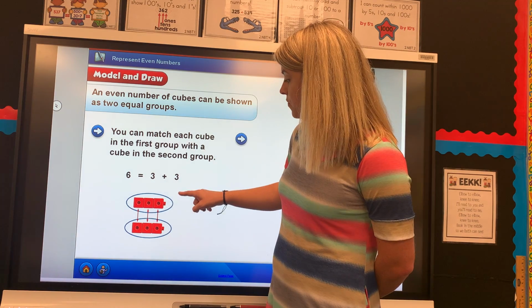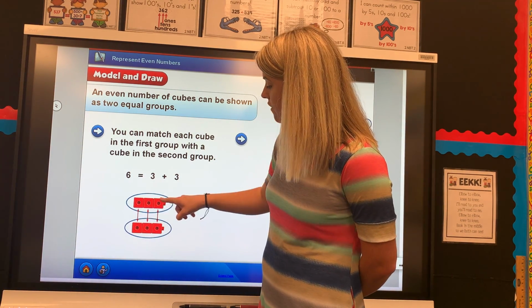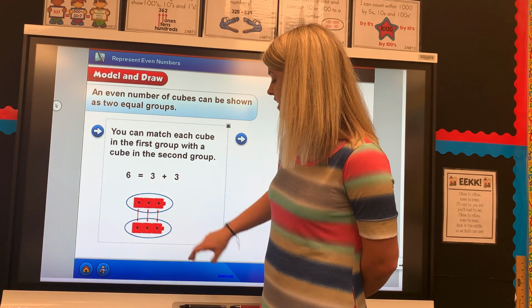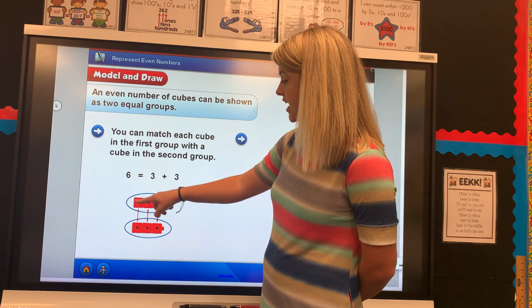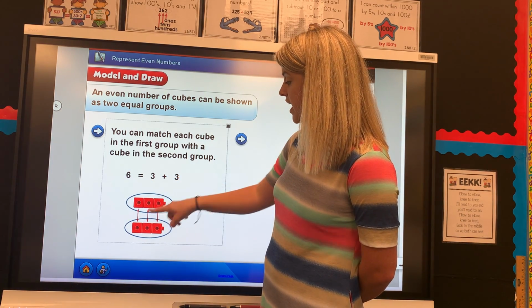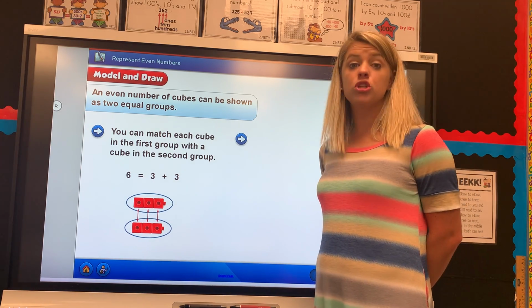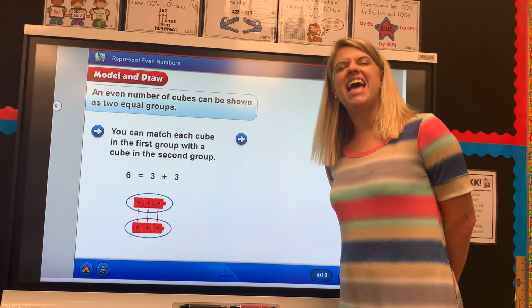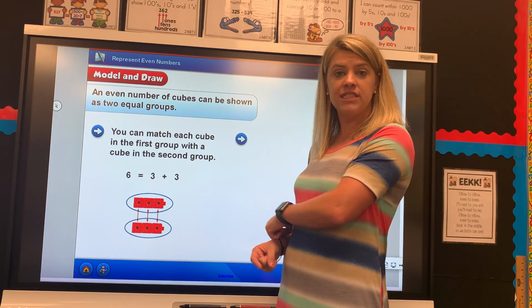So we know that there are 3 in this group and 3 in this group for a total of 6 cubes. So 6 cubes is the same thing as 3 cubes plus 3 cubes. So 6 equals 3 plus 3. Now, usually we're used to seeing an equation that says 3 plus 3 equals 6.